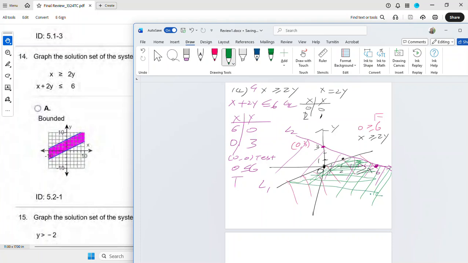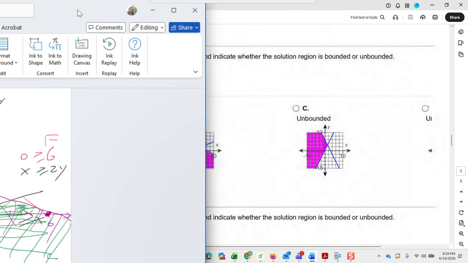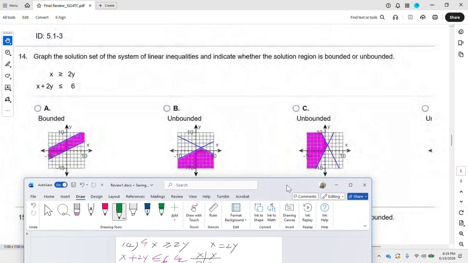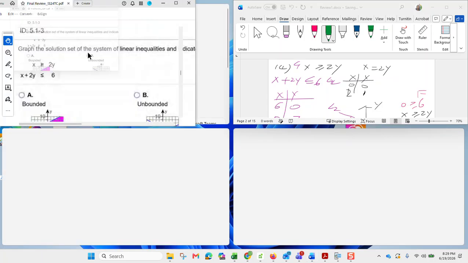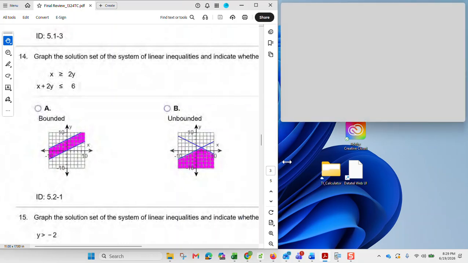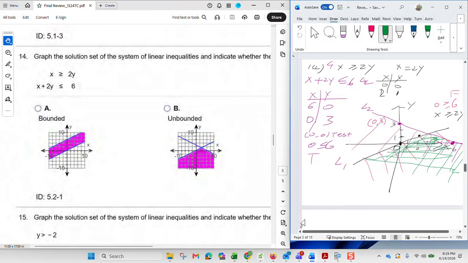Okay, so now you have the graph, you can go look at the solution in here. So you can see A definitely is not correct, C is not correct, right? And you can look at the B here. So does B look about right? You can look at this passing the 0, right?